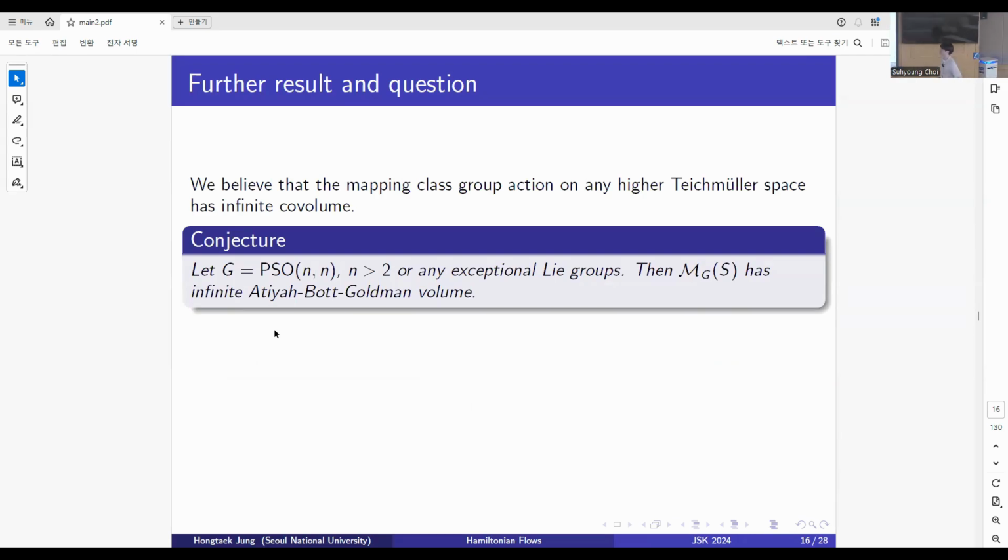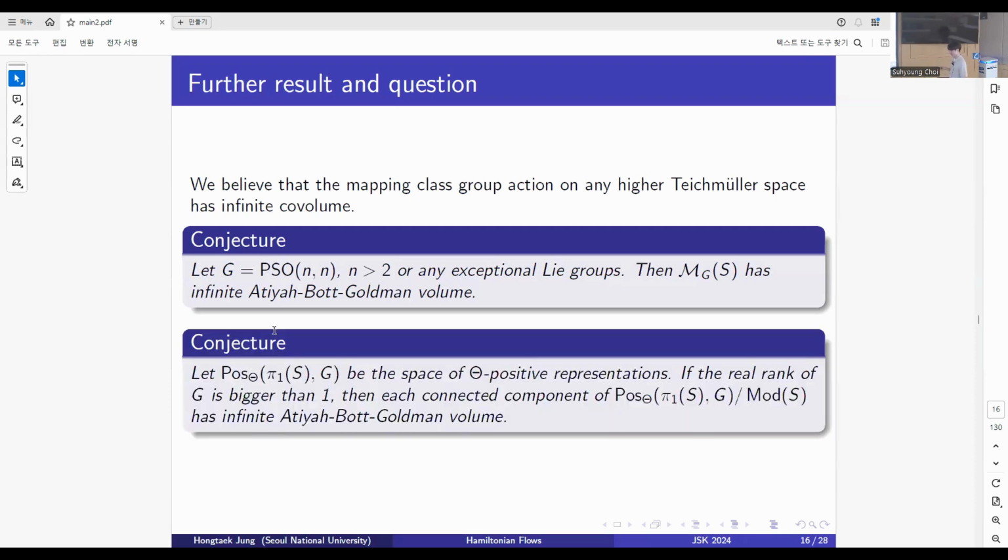For example, we haven't covered this case, but we suspect that the same conclusion holds for any Lie group like PSO(n,n), or any exceptional Lie groups. And the G-Hitchin component for those Lie groups also has infinite Atiyah-Bott-Goldman volume. That's what we suspect.